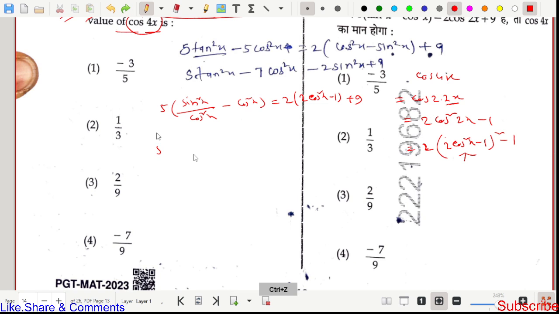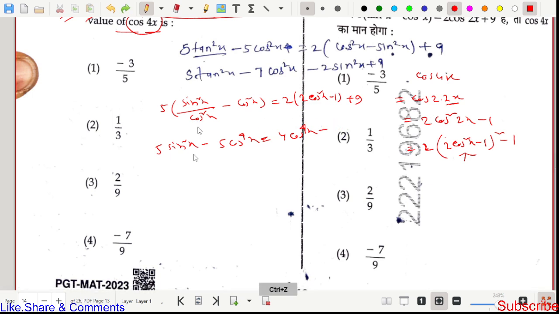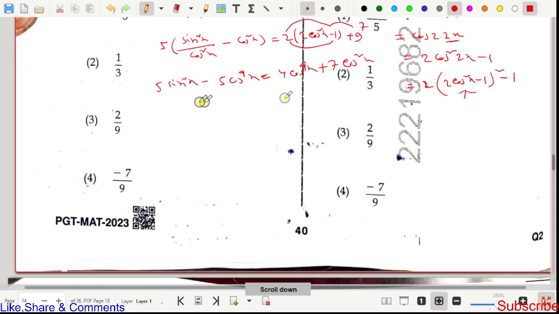So multiplying by cos square x we get 5 sin square x minus cos power 4 x, and then 4 cos power 4x minus 2, sorry, this will be minus 2 plus 9, that will be plus 7, and we are multiplying by cos square x, so it will be 7 cos square x. Clear? I hope it's clear to you.